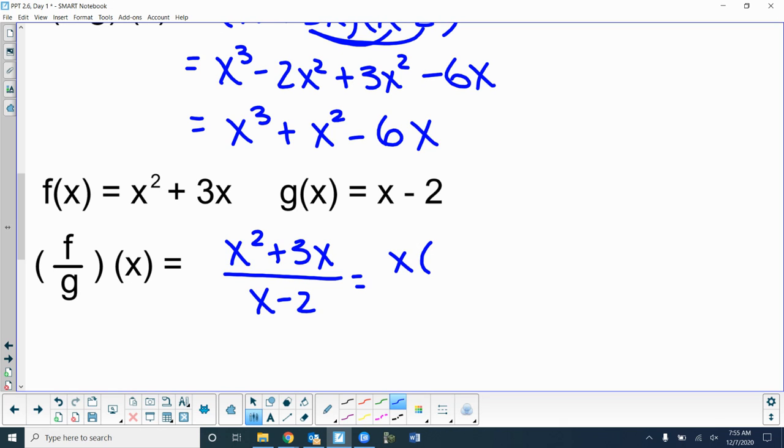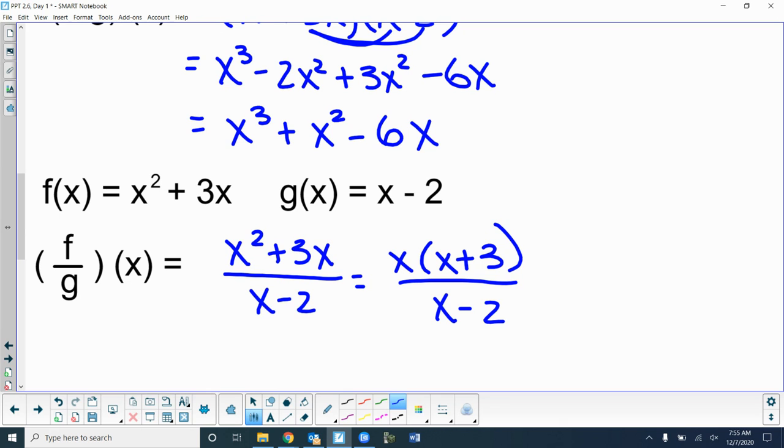It's a GCF. I get x plus 3. And there's really nothing that I can cancel. If up here was an x minus 2, the same as that, then I could cancel those. You guys remember that stuff? So that one is just not much you can do to it. Okay. So far, so good. Not too bad, right?